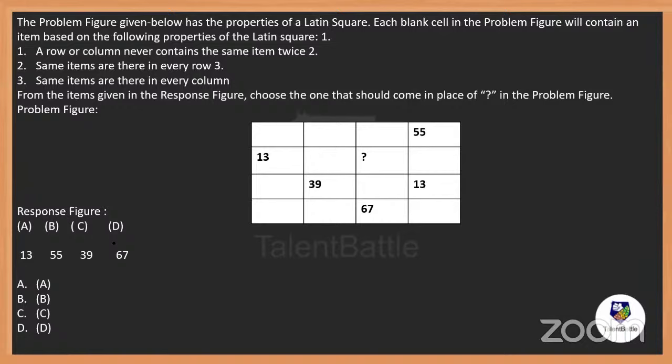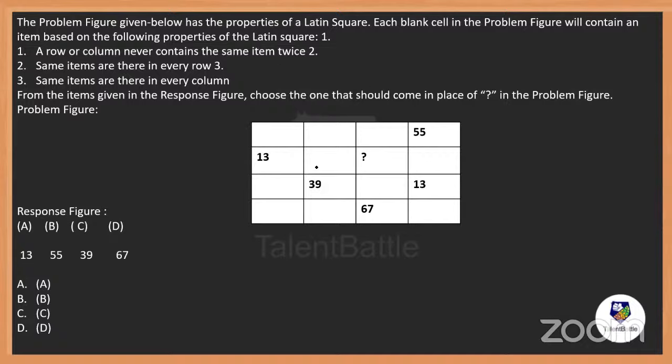So same kind. The numbers are just different. 13, 55, 39, 67. The numbers are going to be different here. Just check. It should not be repeated in the same row or in the same column.